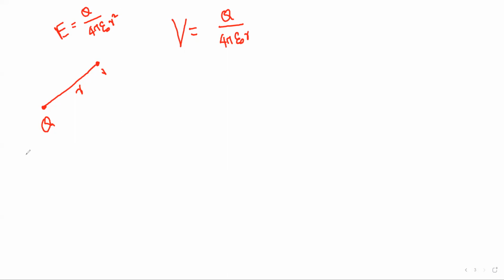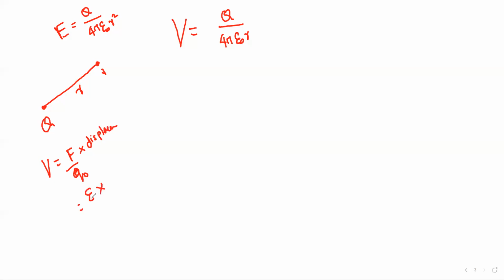Instead of deriving like this, you can understand the concept of this formula, because V is work done. Work done is force into displacement. Force means force per unit positive charge. So force here is electric field intensity only.